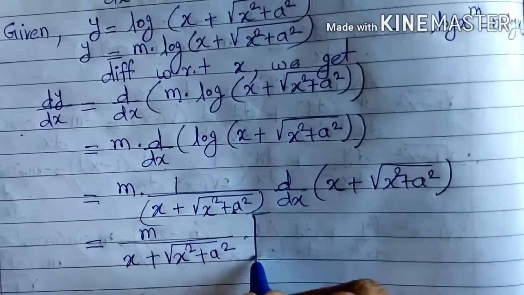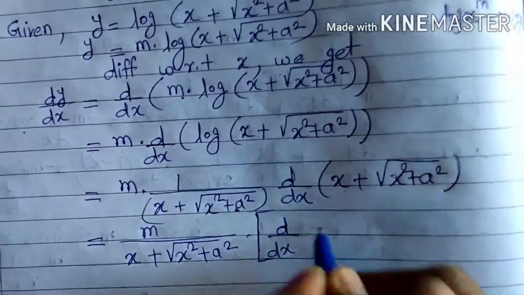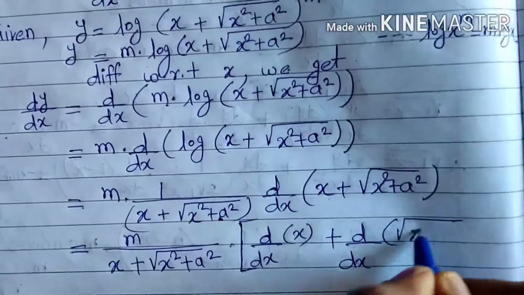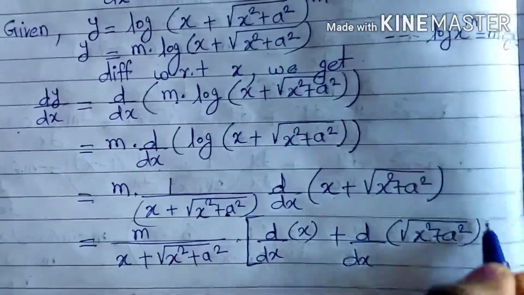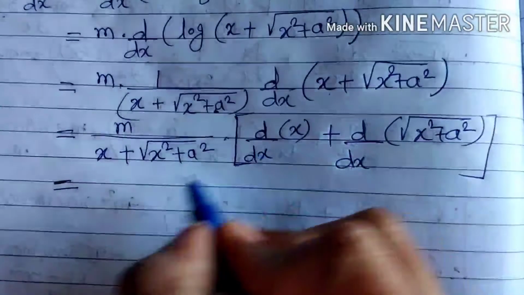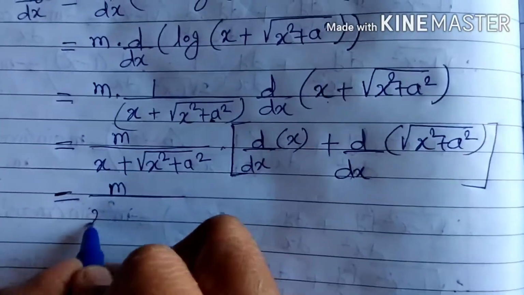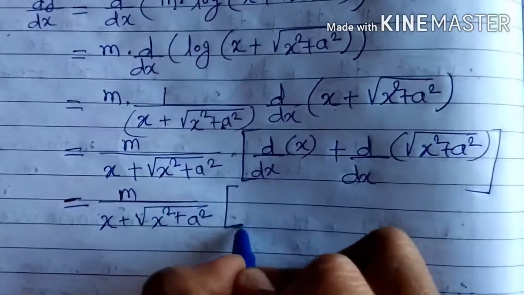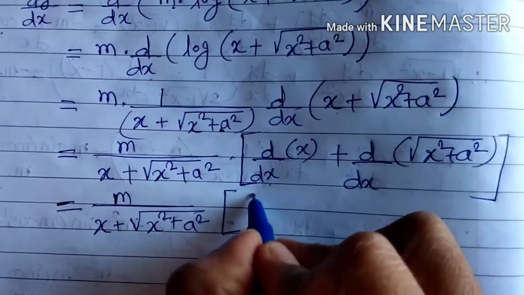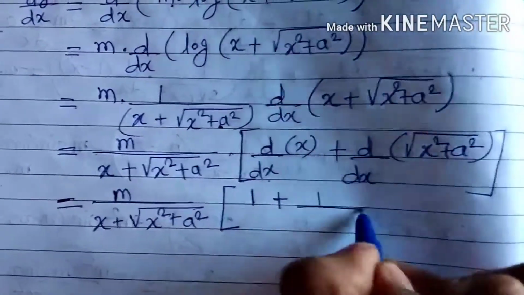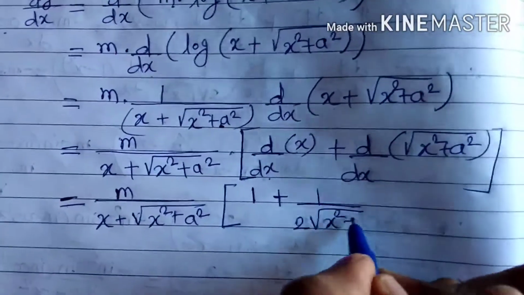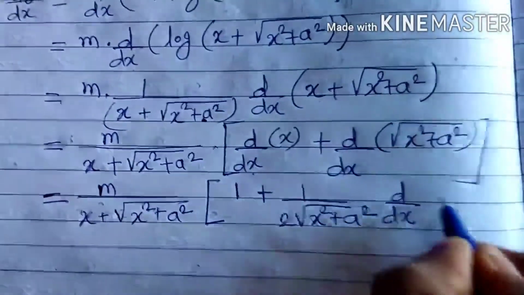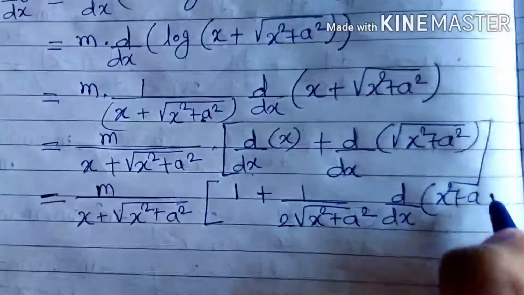Now use here sum rule, which is like that, d by dx of x plus d by dx of this under root of x square plus a square. So we get m upon x plus under root of x square plus a square into derivative of x with respect to x is 1 plus derivative of root x is 1 upon 2 root x, and this is also a function, so take derivative of this, d by dx of x square plus a square.